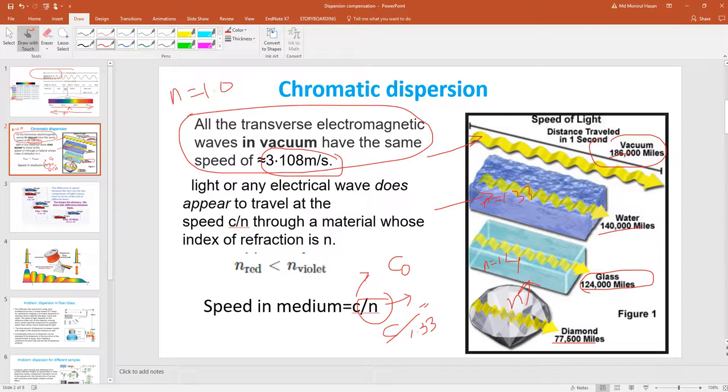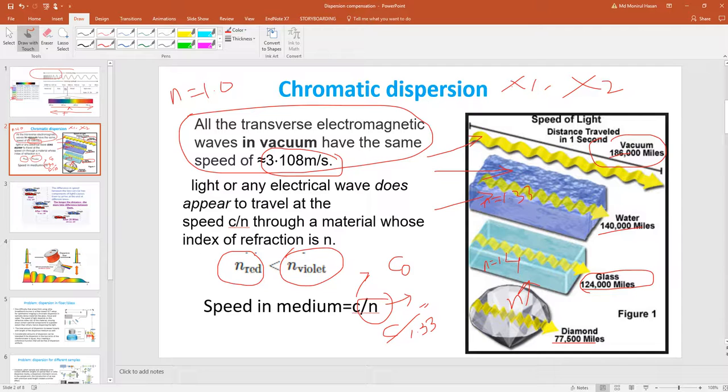Say light passes through water, then the refractive index of red light might be x1, and the refractive index of violet light may be x2, and x1 and x2 will never be equal. Usually the refractive index of red light is less than the refractive index of violet light.